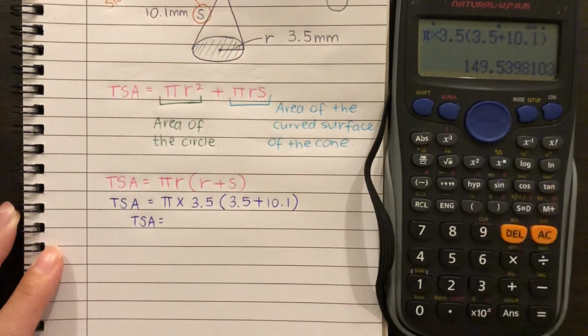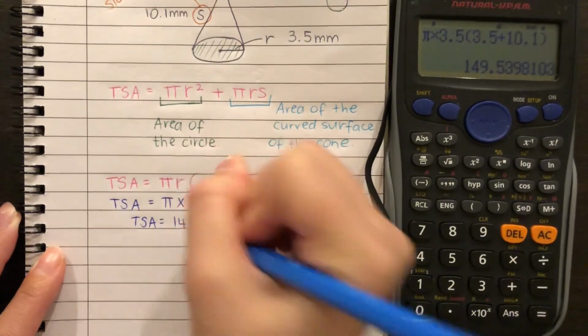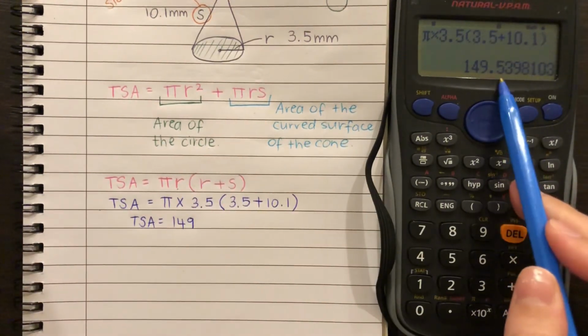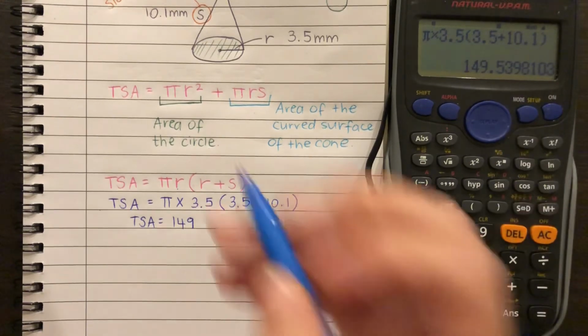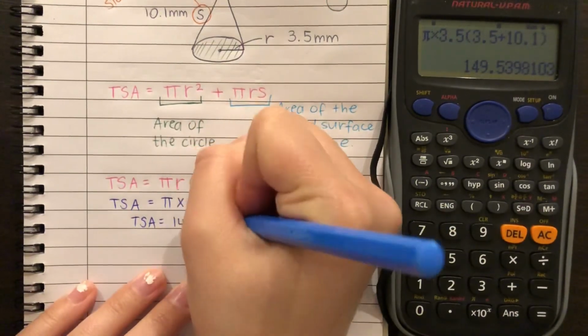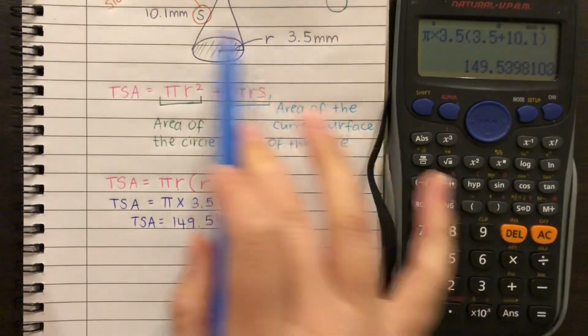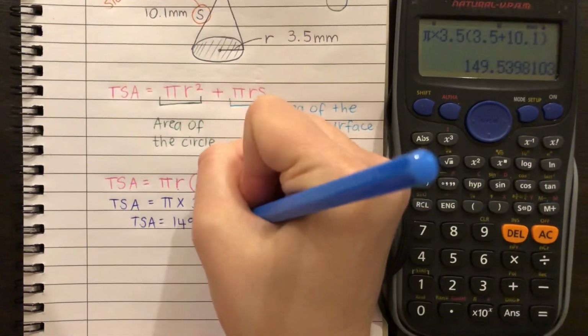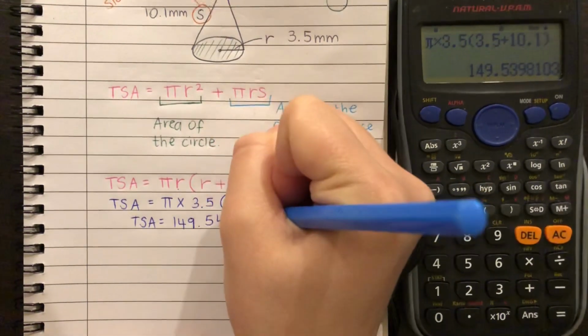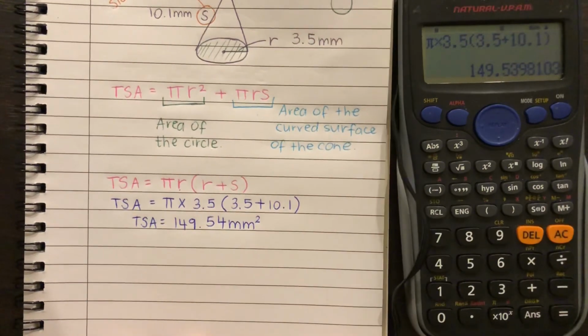So we get 149.54. Our units are in millimeters, and we're dealing with area. So our answer is squared.